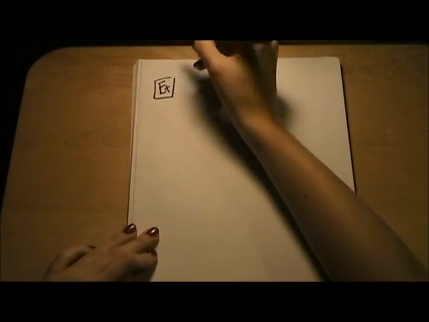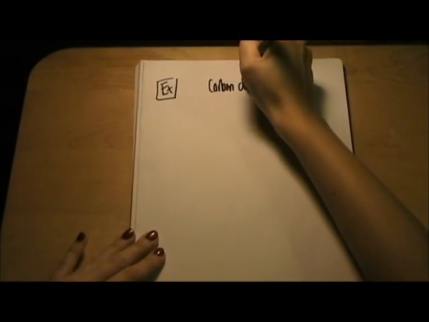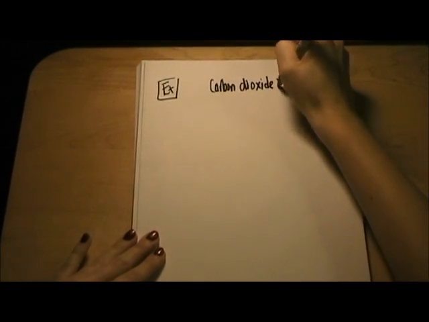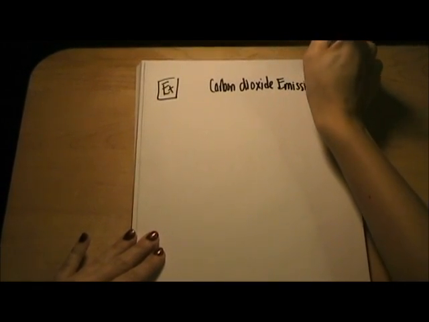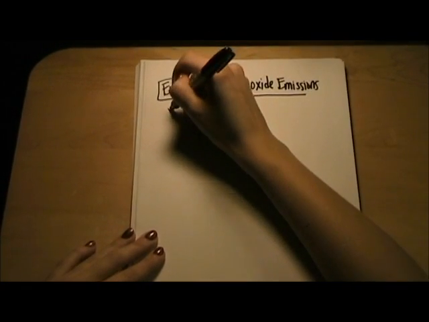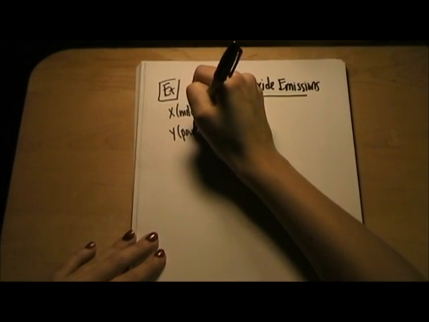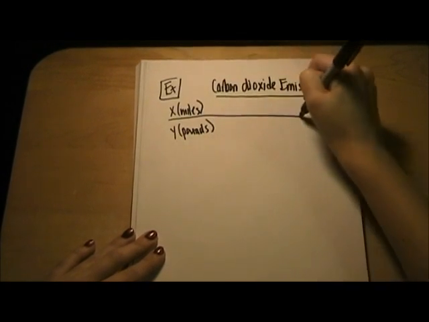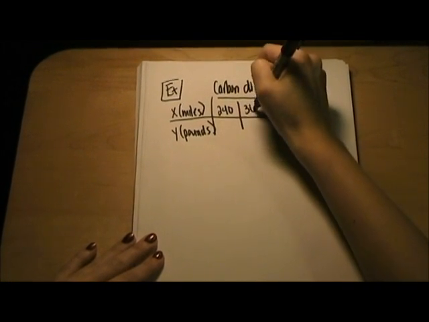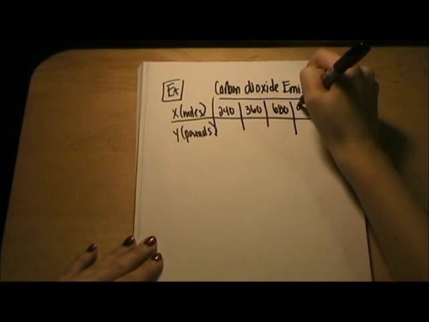For example, if we're talking carbon dioxide emissions from planes, where x is our miles and y is our pounds, we've got x values 240, 360, 680, 800.